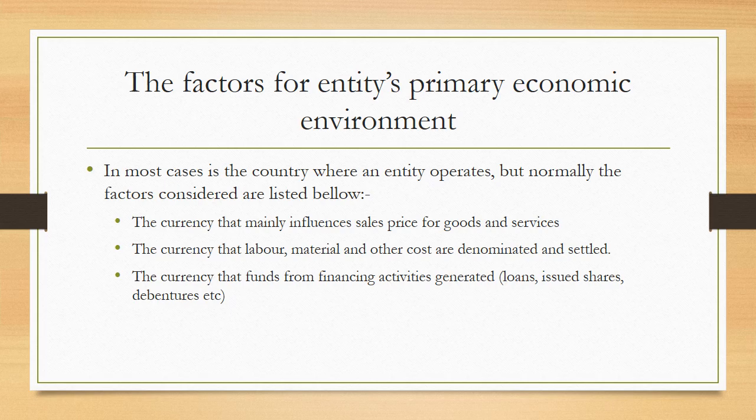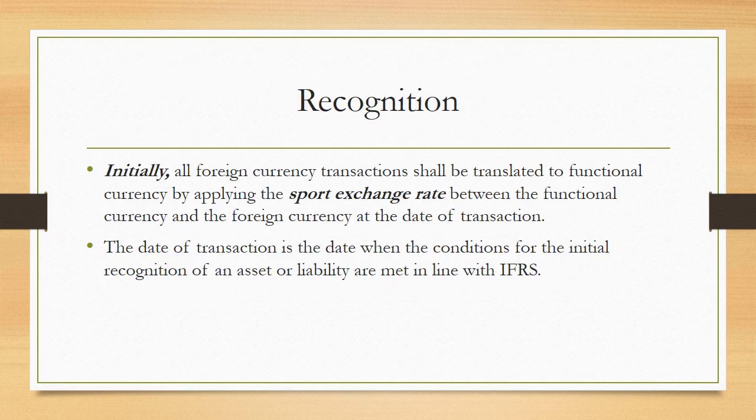The second one is the currency that we use to pay labor, material, and other costs. And the last one is the currency from financing activities. So we are getting loans, we are issuing shares, and we get that currency. So that will be the entity's primary economic environment currency if it qualifies on those three factors.